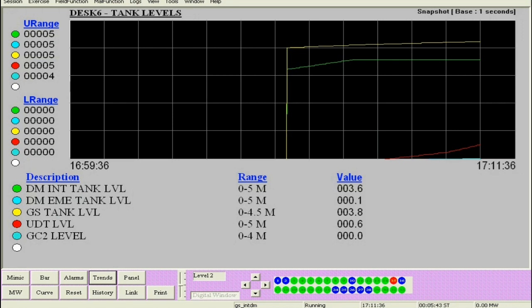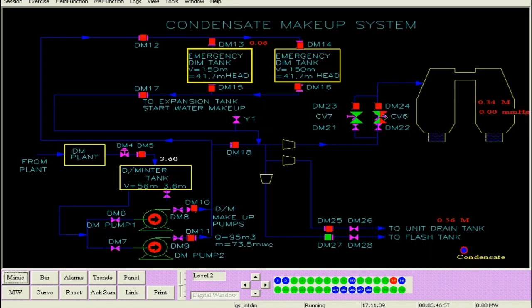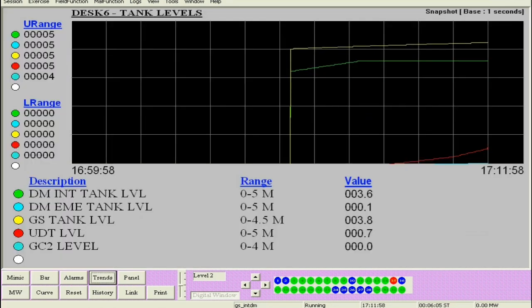Now, as you have started both the DM makeup pumps, they are on manual. Generally one DM makeup pump is running and the second one is put on auto, so if the level goes down then the second pump will start automatically. Now we see that the levels are increasing.